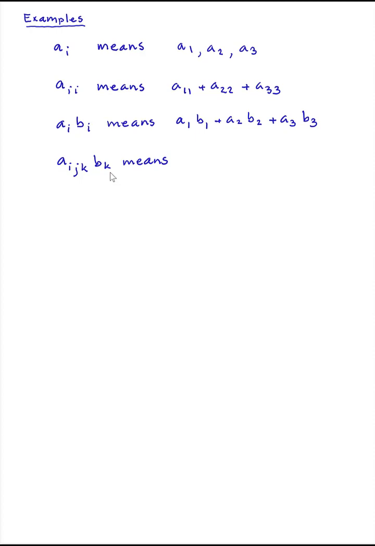So this means that i and j must be as they are, while k is used as a summation index. So here we have aij1 b1 plus aij2 b2 plus aij3 b3, and this should be for i and j being 1, 2 and 3, so there are actually 9 different results.